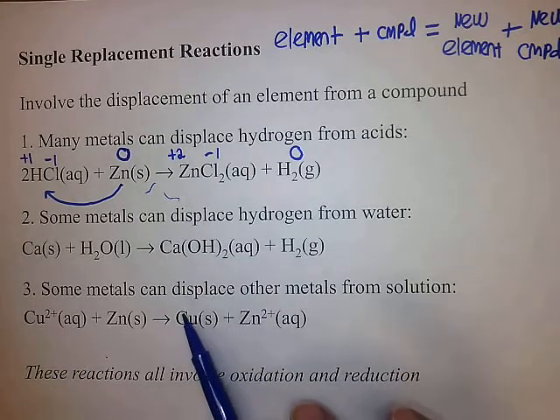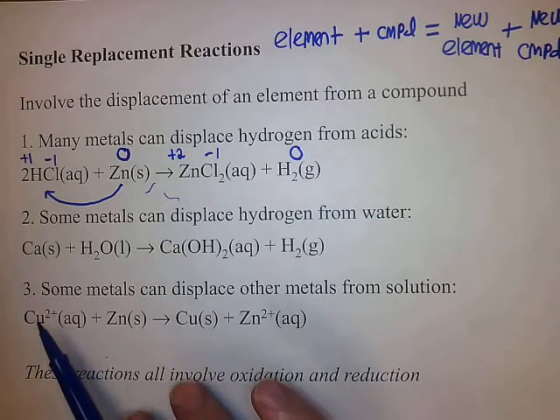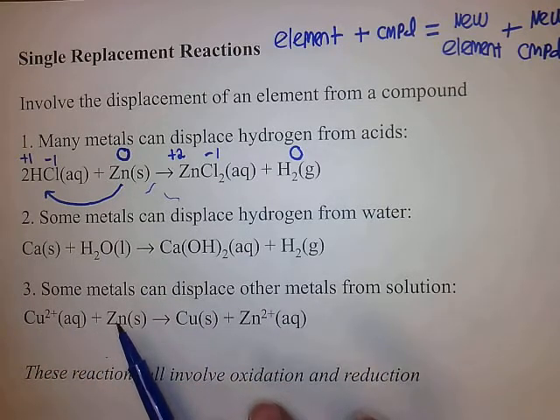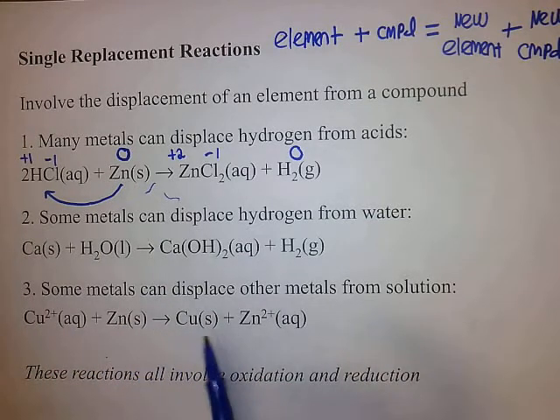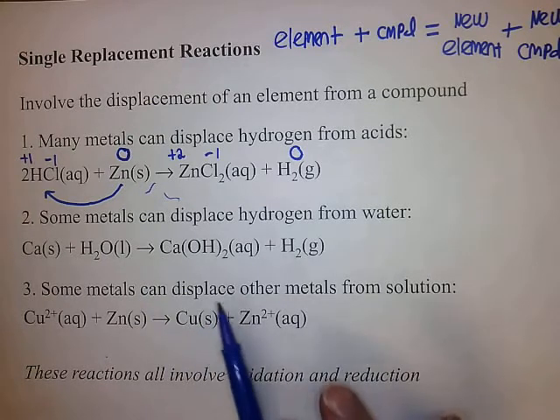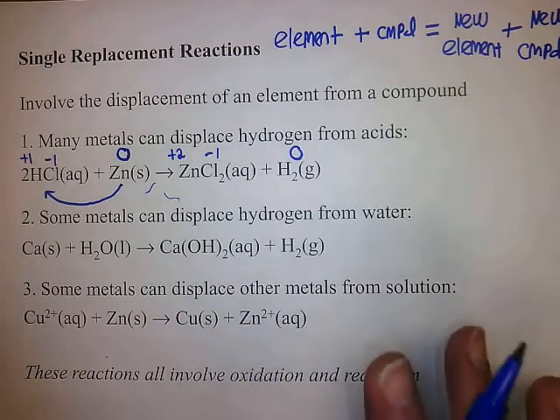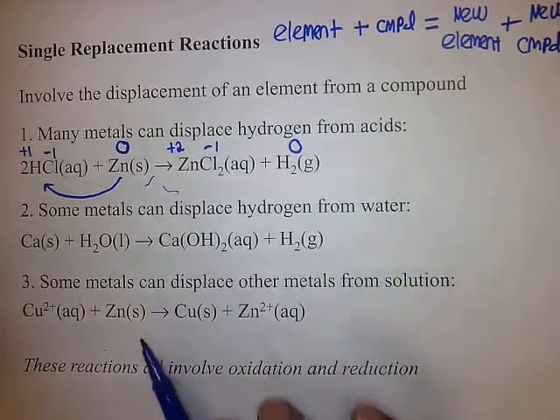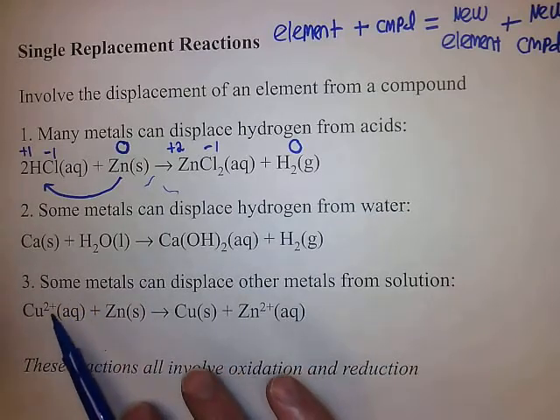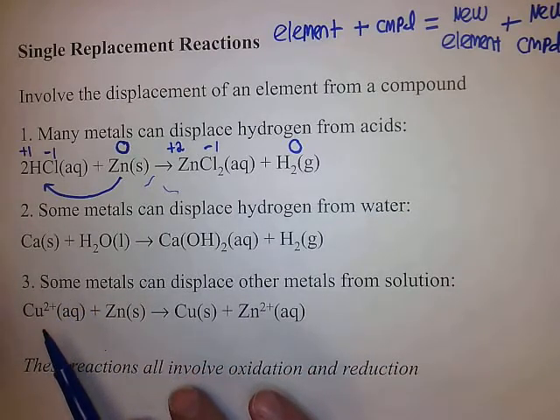Okay, you start with copper ion and zinc metal, and you finish with copper solid and zinc 2+. So this is another single replacement. The zinc is going in and displacing copper as part of its compound.